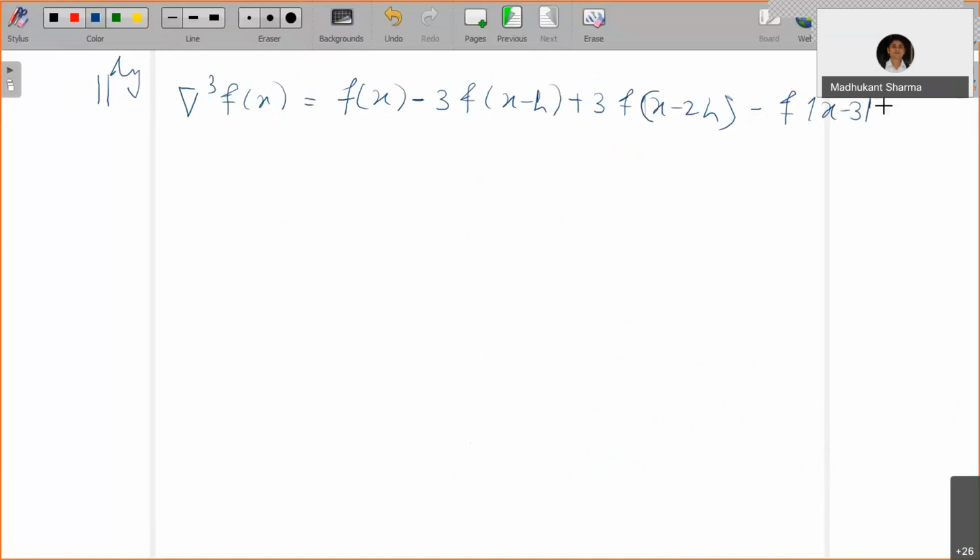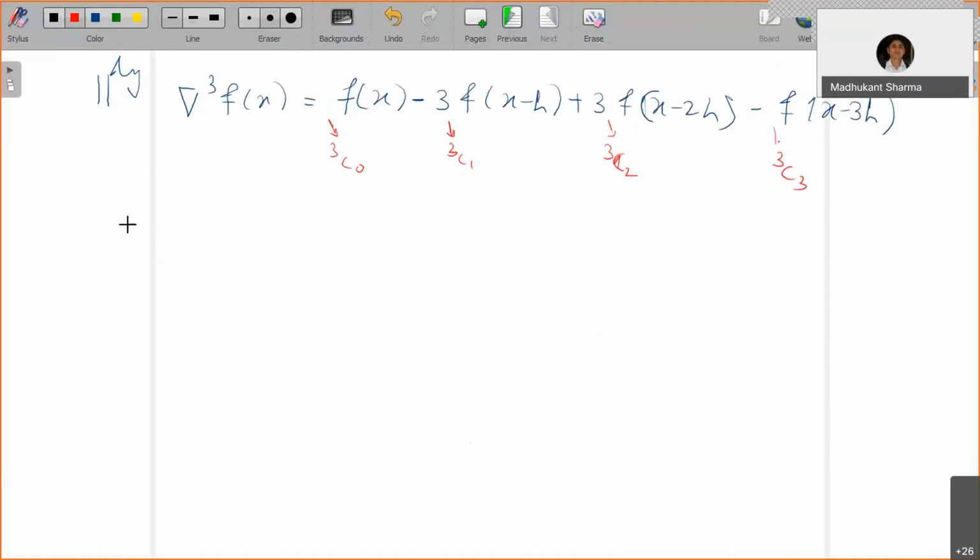Means you are starting with the present value and ending three steps back. And you have the coefficients 3c0, 3c1, 3c2, and this is 3c3. So you can generalize this.